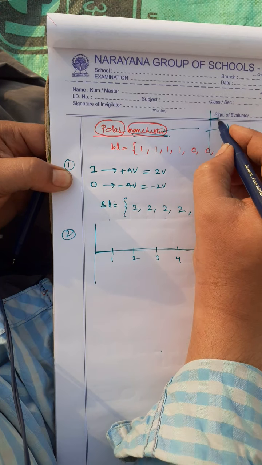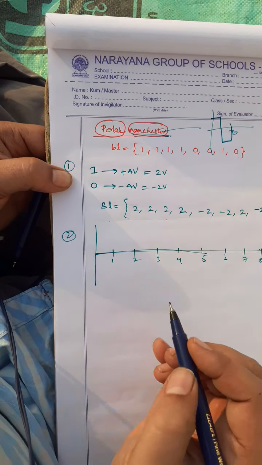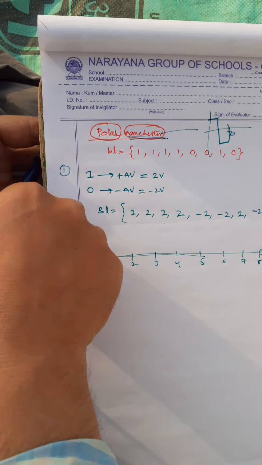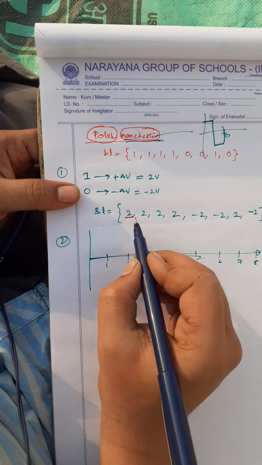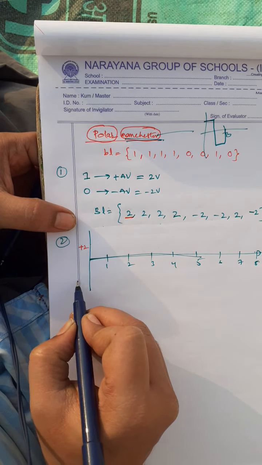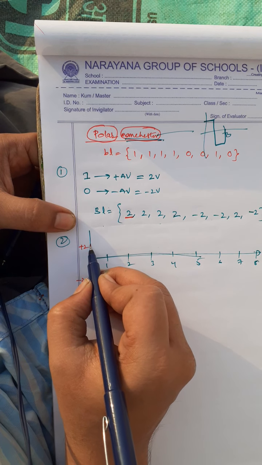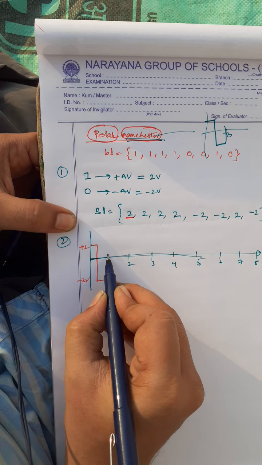First half of the duration will be positive level, next half of the duration will be negative level. Yes or no? Now see here, the first bit is 2 volts. First half of the duration, voltage level 2, then minus 2. First half of the duration will be positive, next half will be negative.